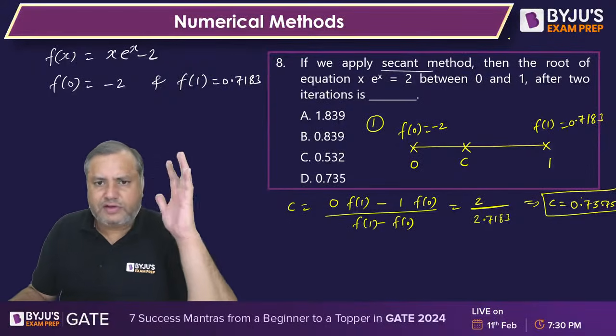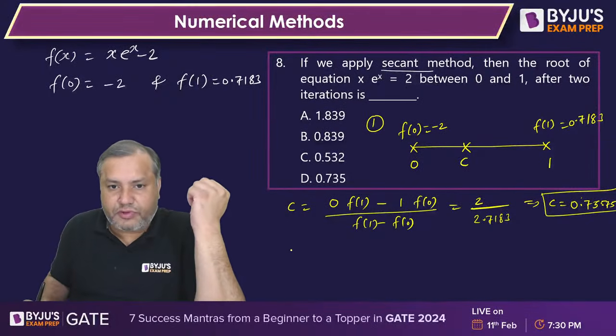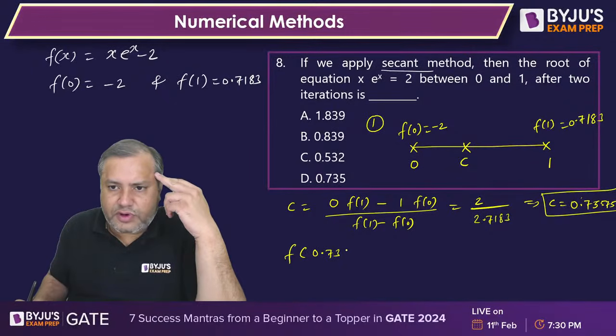After getting the value of C, we'll go for the second iteration. Before this, you need to find out f of C. That is f of 0.73575.